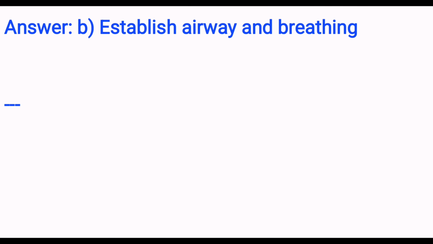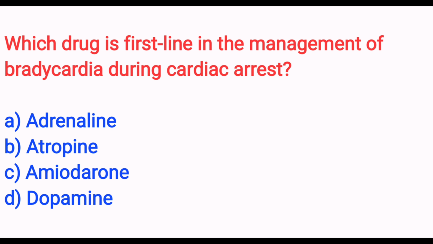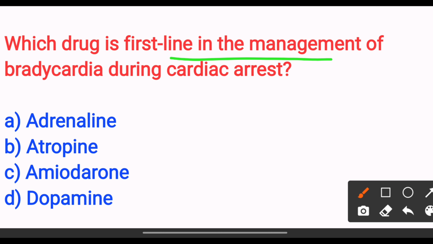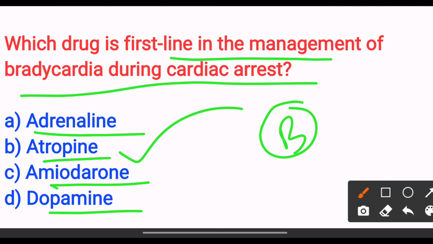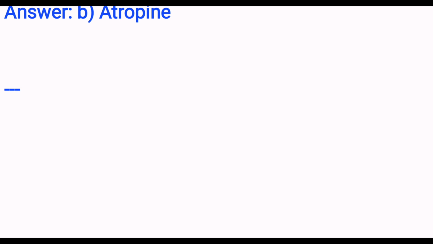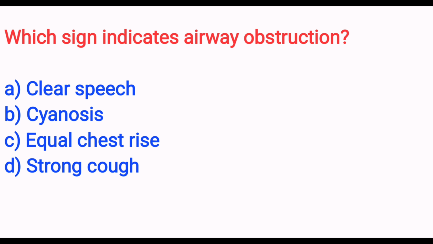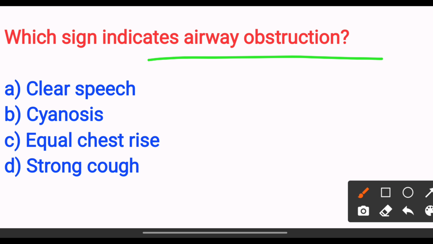Next, which drug is the first line in the management of bradycardia during cardiac arrest? Option A, adrenaline. Option B, atropine. Option C, amiodarone. Option D, dopamine. The answer is option B, atropine. Next, which sign indicates airway obstruction?